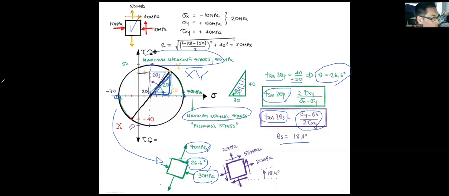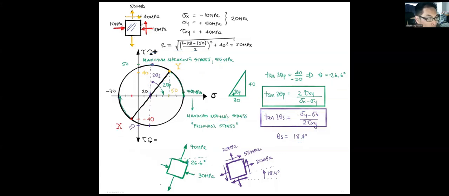On the other hand, if we rotate this small element counterclockwise, that means we rotate this x and y counterclockwise, what do we get? The maximum shear stress. The value of the maximum shear stress is 50 megapascals.